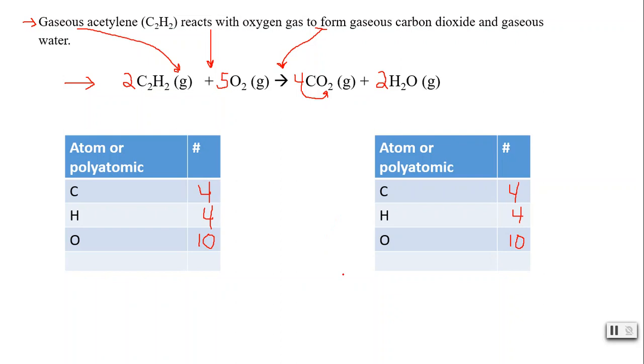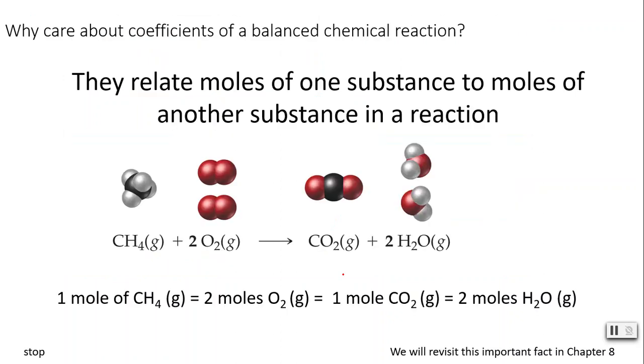So the last point I want to end with about balanced chemical equations, which we will revisit much more in Chapter 8, is, so why do we have to balance chemical equations aside from the fact that I told you to, and the fact that there needs to be mass conservation in these chemical equations? Why do we care so much about those coefficients?